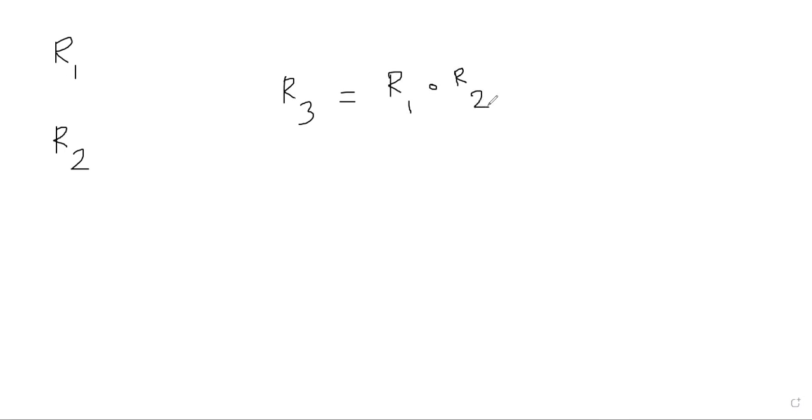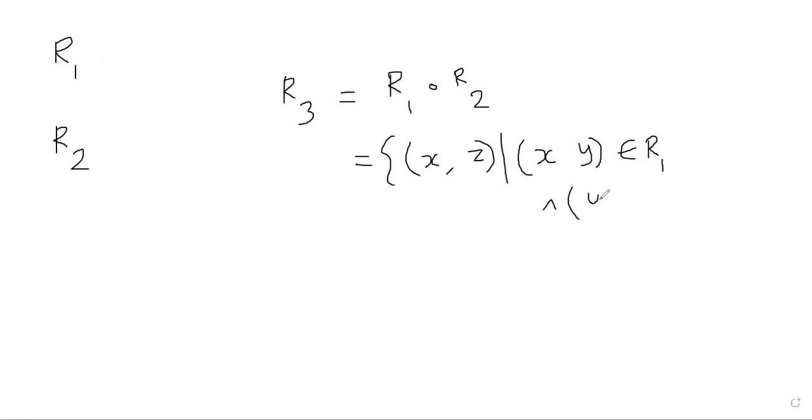So how do I do R1 composition R2? All I have to do is as follows. R3 will contain all possible pairs (x, z) such that, as we usually say in mathematics, (x, y) belongs to R1. That means the second column of the R1 table has a y, and the first column of R2 has this y, so (y, z) belongs to R2.